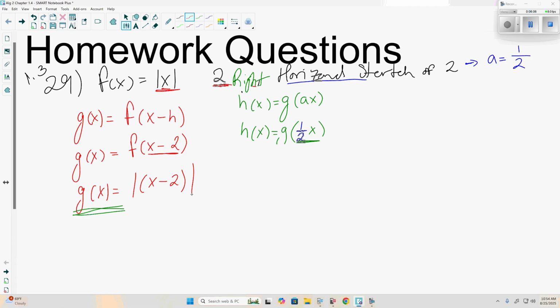We don't have the absolute value of x anymore. We have the absolute value of x minus 2. At this point, we can drop the parentheses because we don't need them anymore. So if we move the absolute value of x function right 2, we get the absolute value of x minus 2.